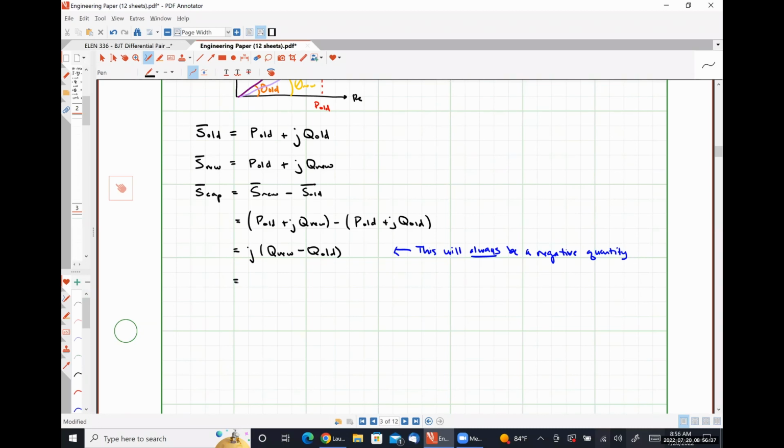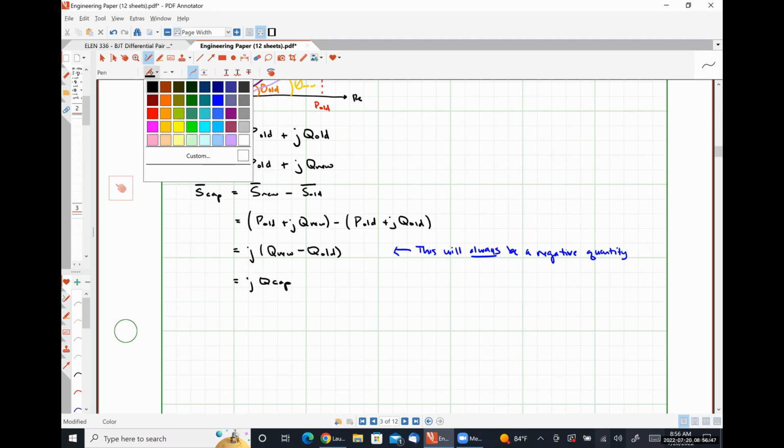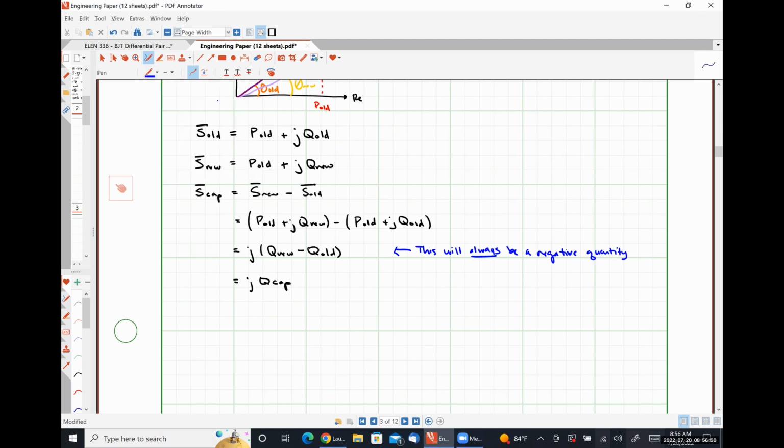We can call this combination of Q new minus Q old Q cap, which is simply the reactive power absorbed by our capacitor.